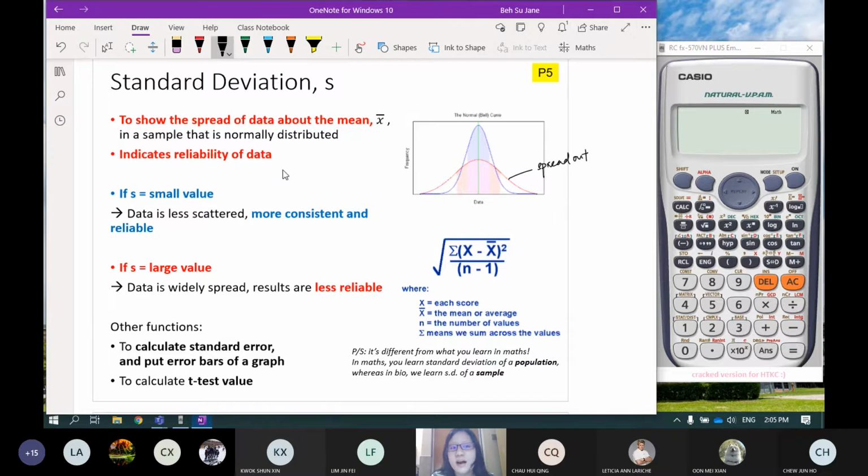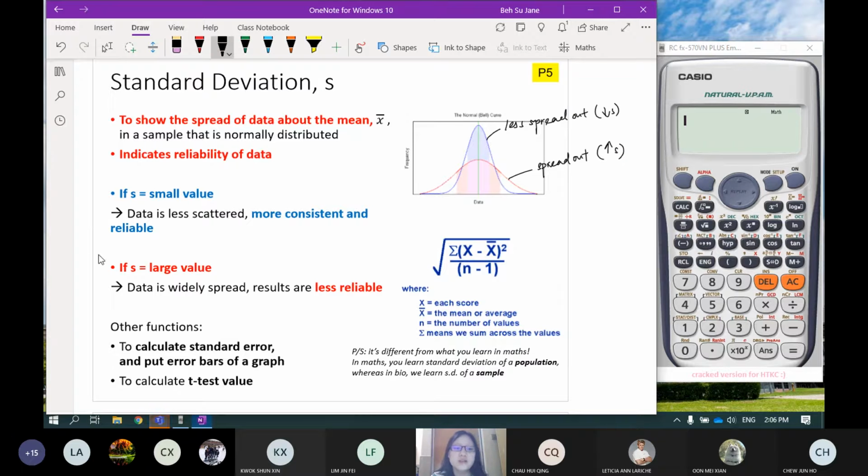This would really indicate the reliability of data. If it is more consistent and reliable and less scattered, you expect the standard deviation S to be a small value. So this one is less spread out, so it will have a smaller S, a smaller standard deviation. Whereas if it's more spread out, then you expect it to have a large standard deviation.